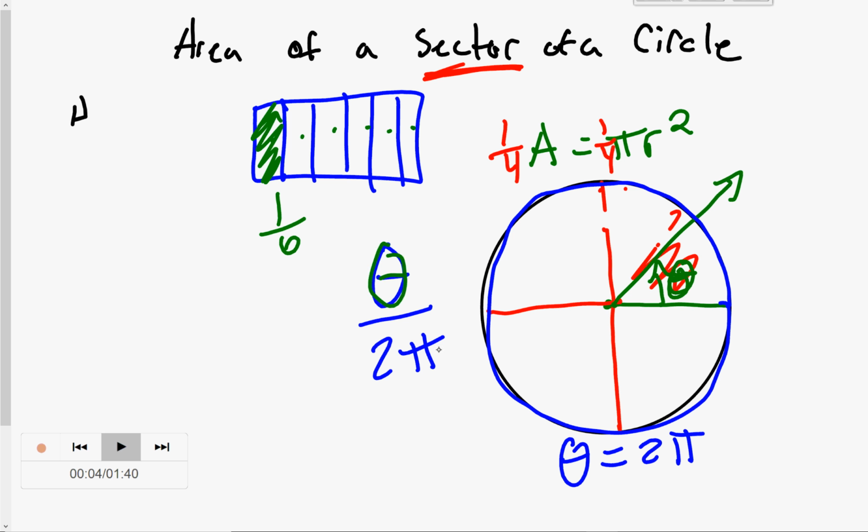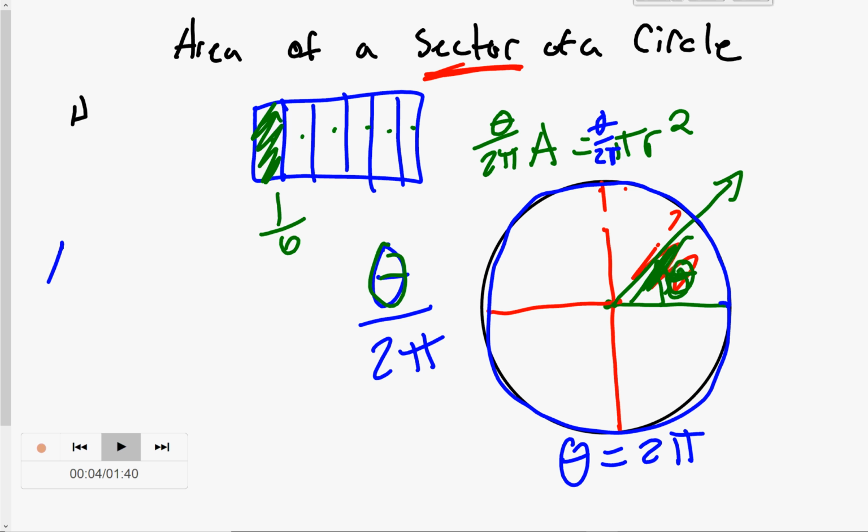So if I want the area of just this section opening up with my angle theta, I would just multiply my area by theta over 2 pi. So that means I would take this formula and multiply that by theta over 2 pi.